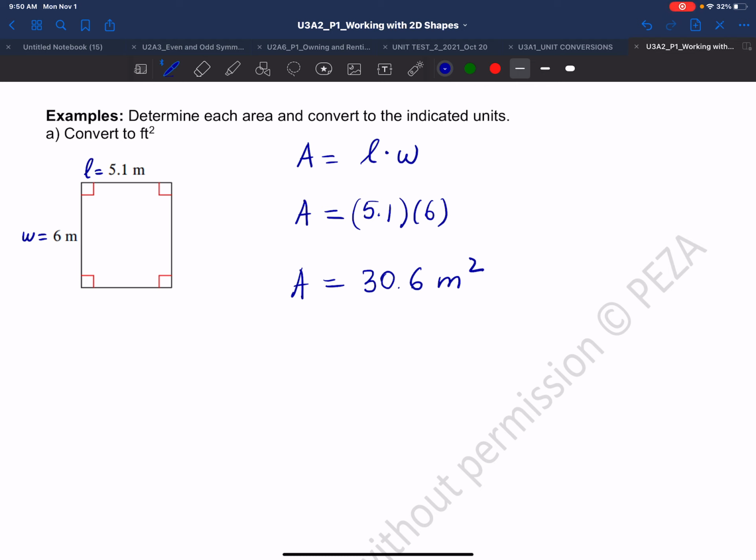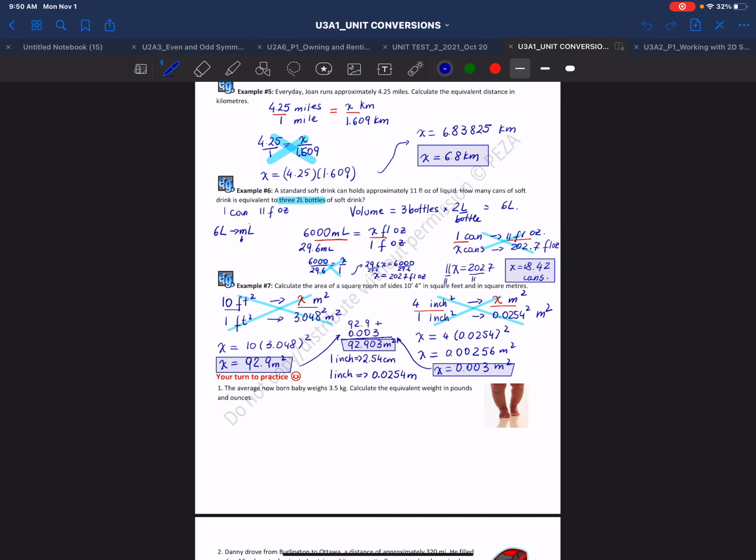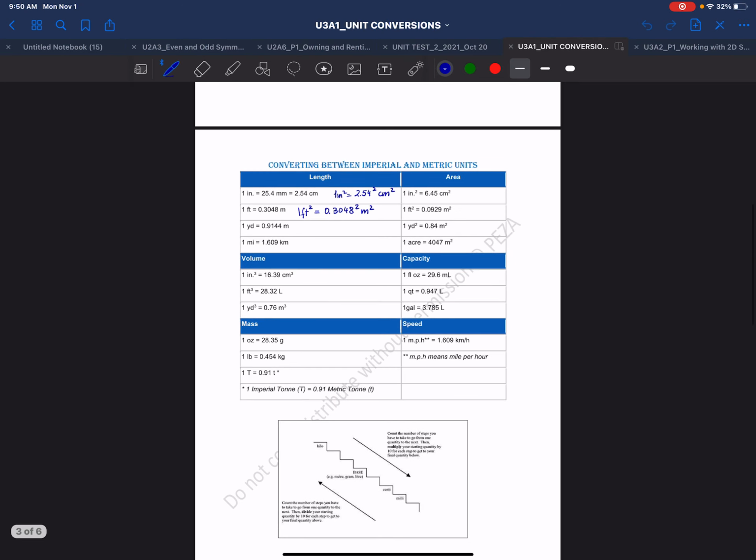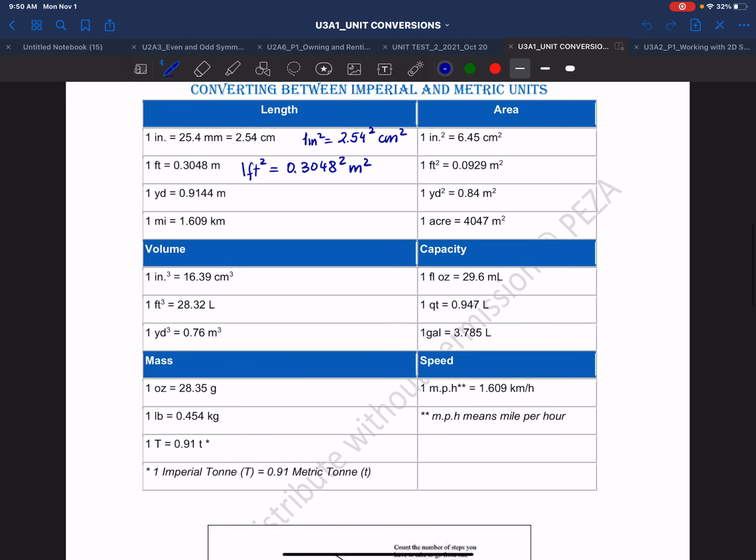Just to refresh your memory, when it comes to conversions, this is your U3A1 that we did together. Since we want to convert meters into feet, we have to look at the chart and see where the feet is connected to meters.